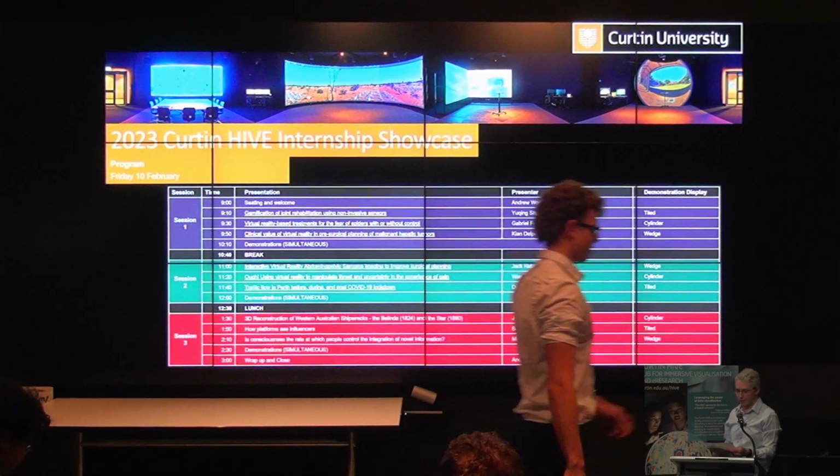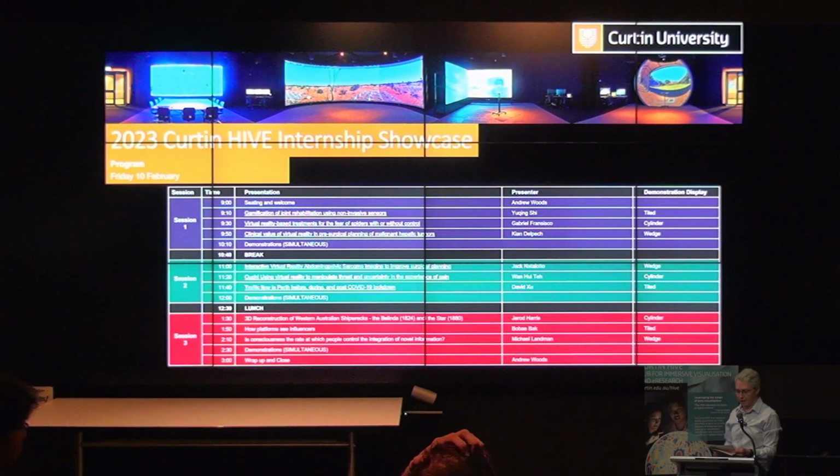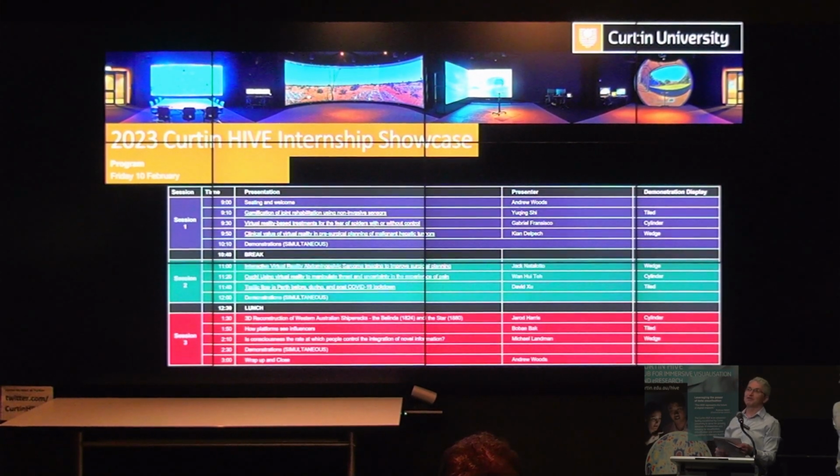Jack is studying a Bachelor of Science in Medical Radiation Science, and Jack received his internship scholarship for the project Interactive 3D Virtual Reality Imaging of Abdominopelvic Sarcoma, which is a type of cancer, to improve surgical planning. This project has been supervised by Professor Zhonghua Sun.